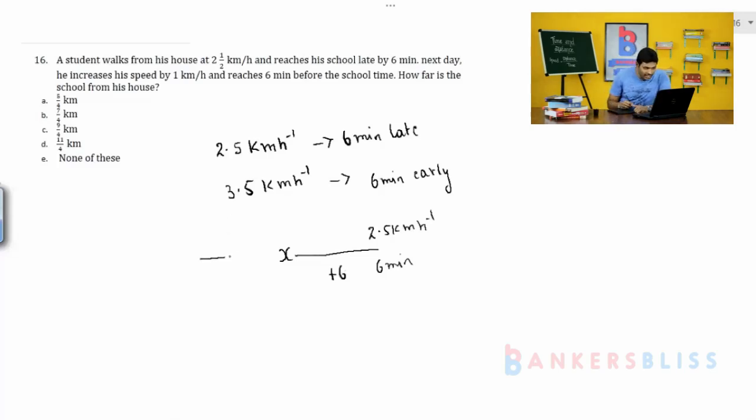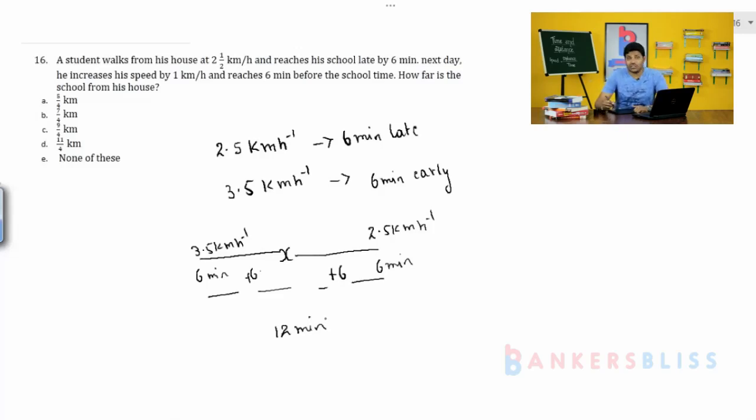And in the second case, at 3.5 km/h, he is 6 minutes early. Again here 6 minutes is the difference. So altogether, from here to here 6 minutes, from here to here 6 minutes, you have a 12 minutes difference.